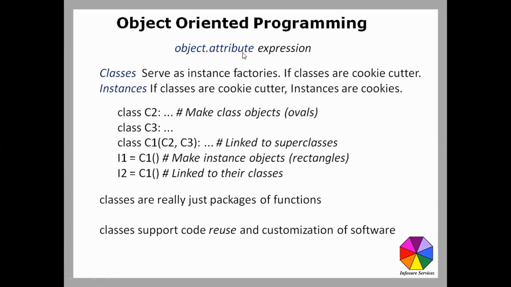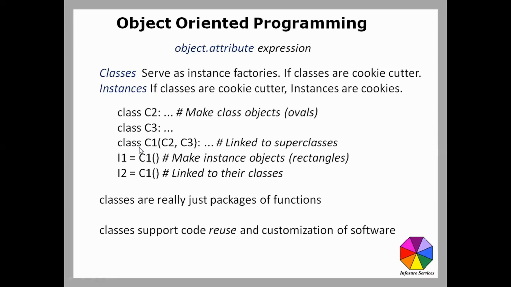That model is a property, which is also what is meant by attribute. Properties can be called attributes. So the reference student one dot name is an object expression.